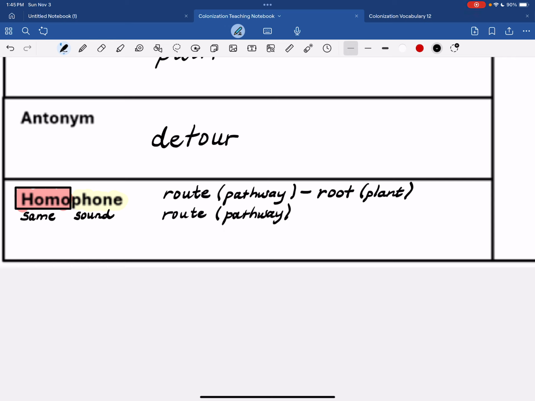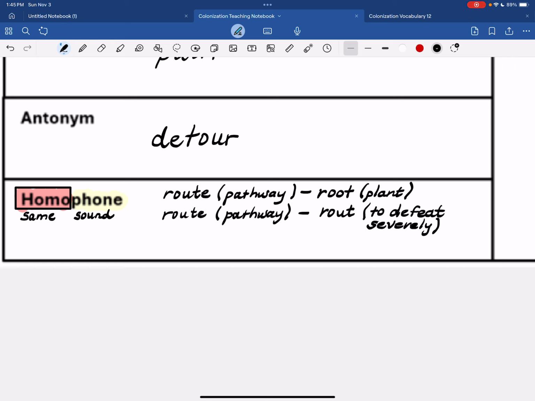There is a verb spelled R-O-U-T that means to defeat severely. So, for example, our football team recently played a game where they won by 71-0.